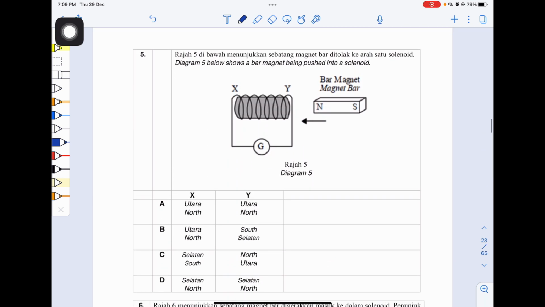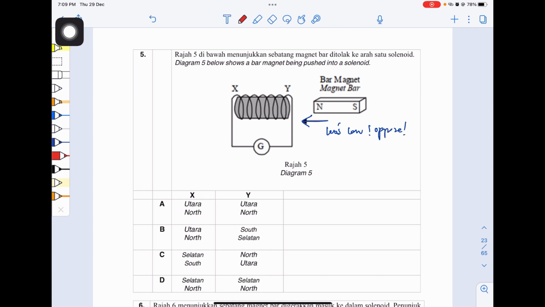Number 5. Diagram 5 below shows a bar magnet being pushed into a solenoid. Okay, tengok. So, ni kita buat apa? Okay, this is the change produced. Now, dia seolah-olah tu. But Lenz's law states that oppose to the change.